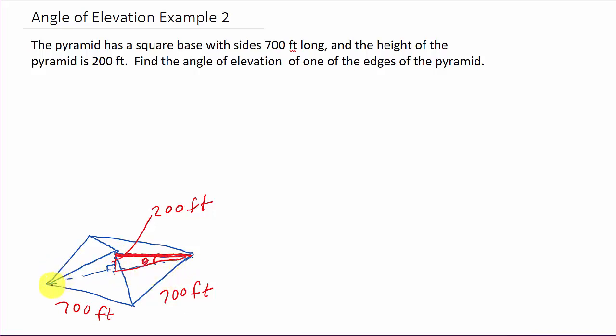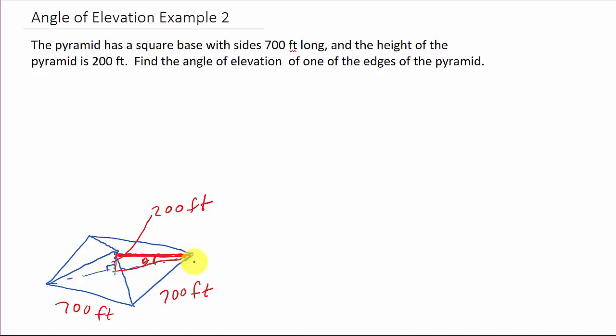Well, this diagonal here, if we can find the length of this diagonal, then we know the length of this side of the triangle is half of that. I know my picture doesn't look like it's exactly halfway in between, but it is. Okay, so let's find the length of this.